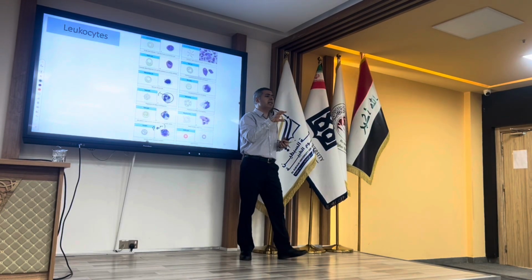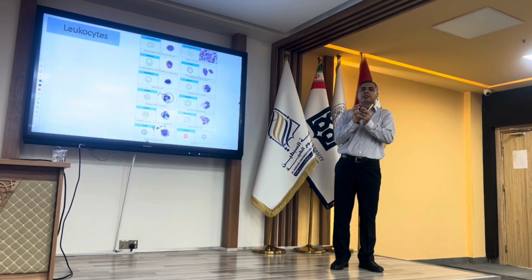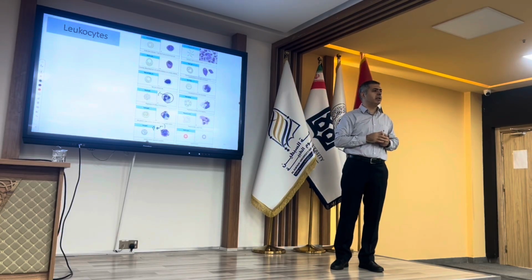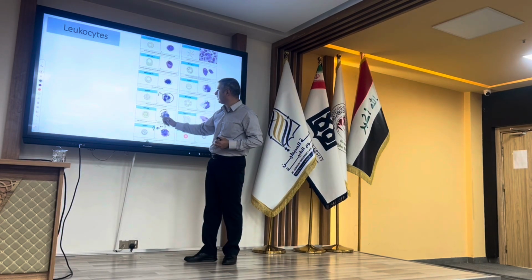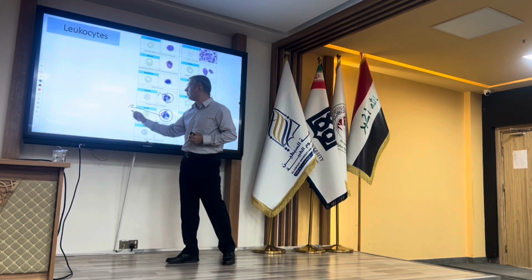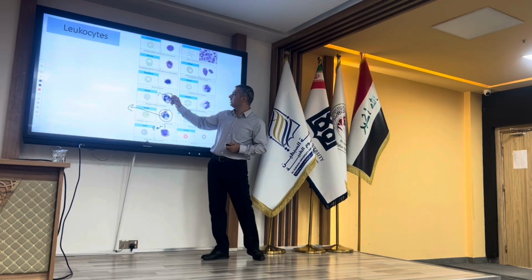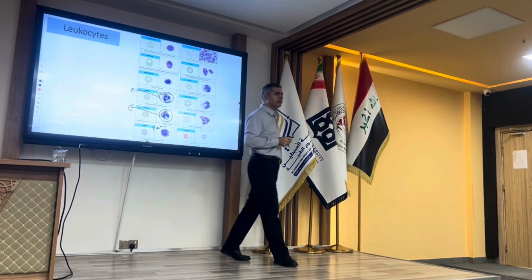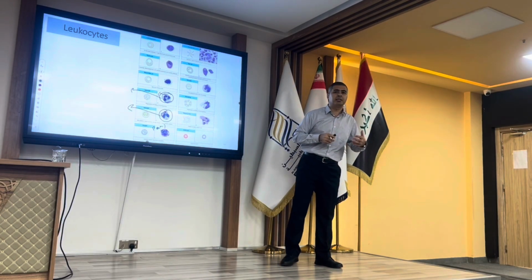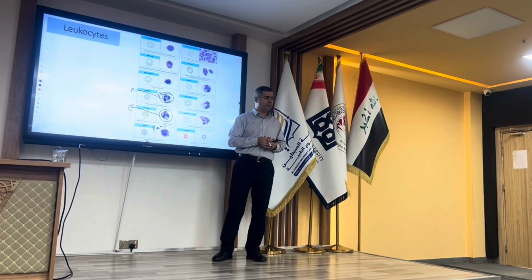And inside the granules, they have some content that is harmful. For example, eosinophil granules are harmful or toxic for worms. Inside the neutrophils, there are some enzymes and proteins that are toxic to, for example, extracellular bacteria or fungi.